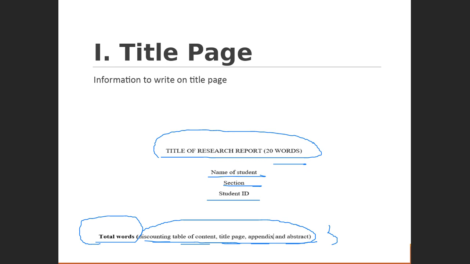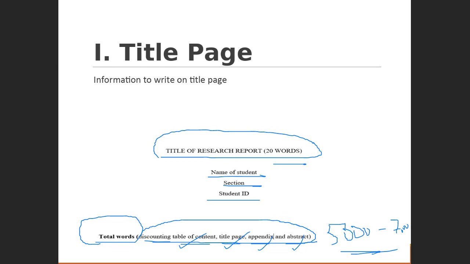Typically, I would like the total words of your research report to be between 5,000 to 7,000 words, including references and tables, everything. But if you exclude these elements like table of contents, title page, appendix and abstract, the total words of your research report should be between 5,000 to 7,000 words. So please keep this in mind.